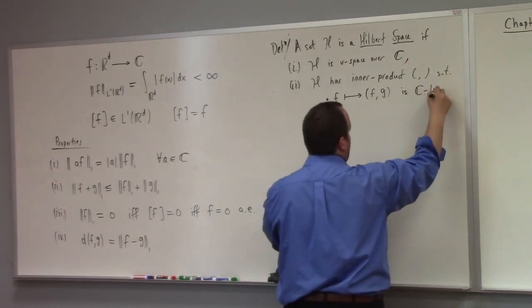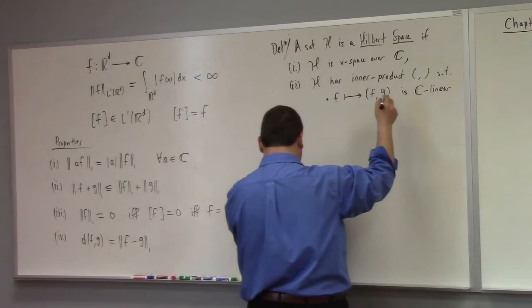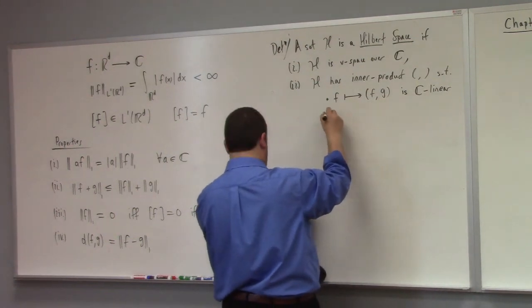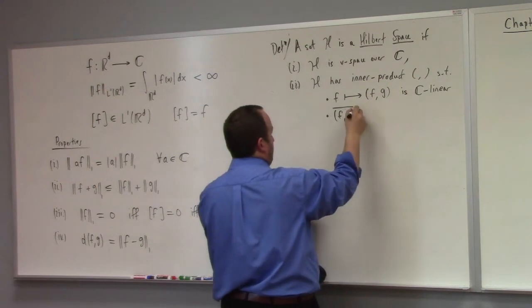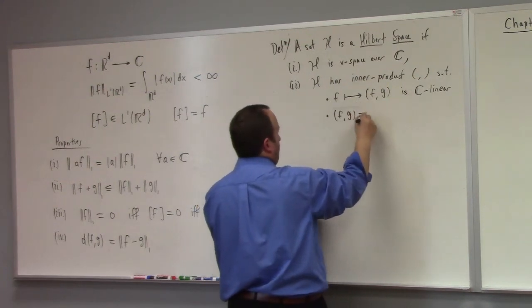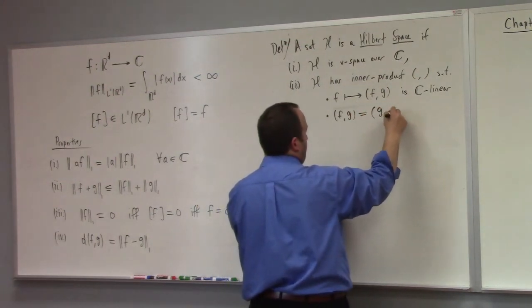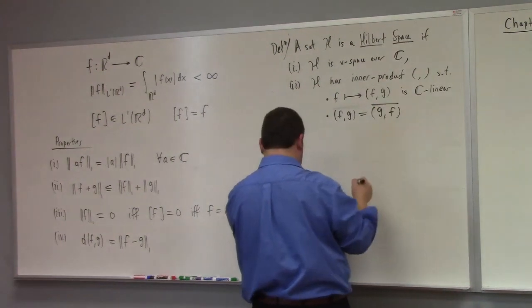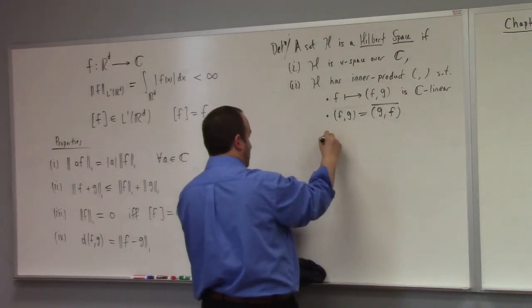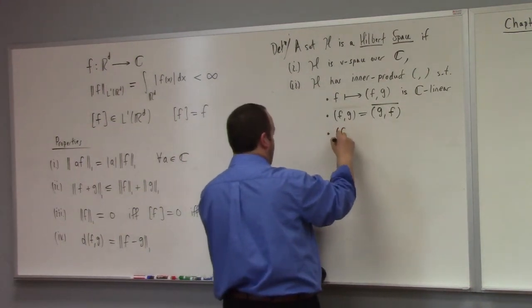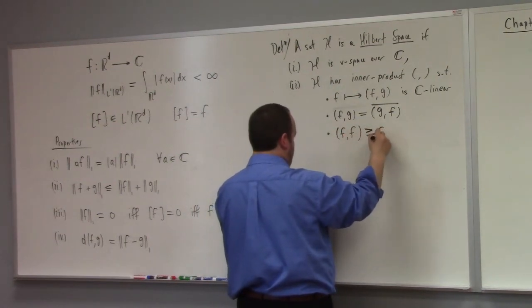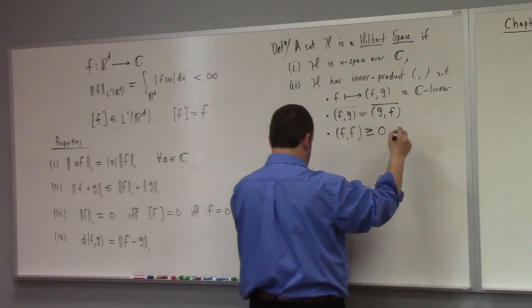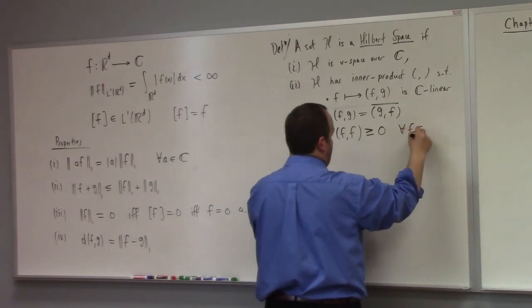I mean, C-linear, of course, right? The inner product of f, g is conjugate symmetric like this. And also, the inner product of f and f is greater than or equal to 0 for all f in H.